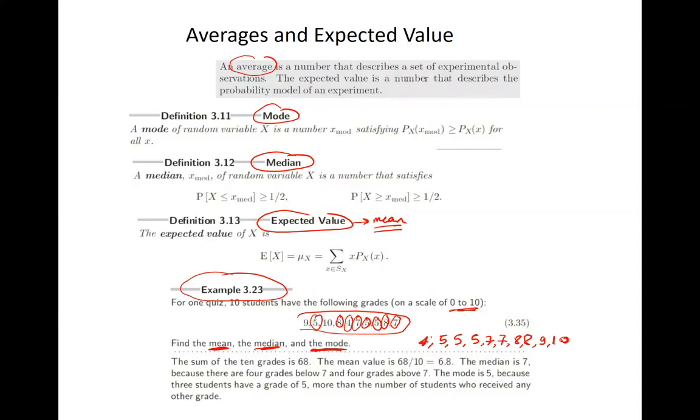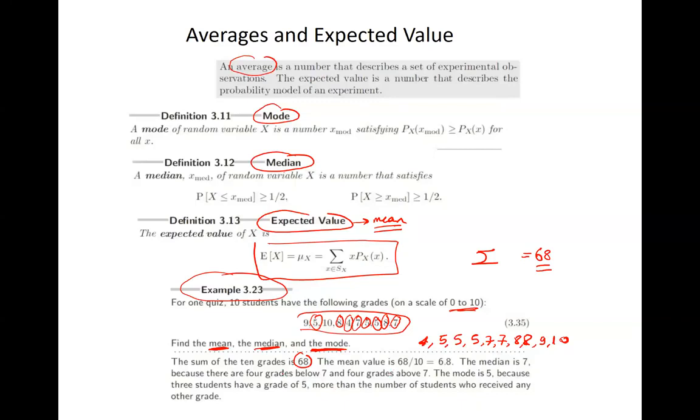Now we got some of this first. We have to add them up. So we add them up and then get the total, which is 68. You can easily prove it. Then the mean value, from this formula, okay, we can determine the mean value.